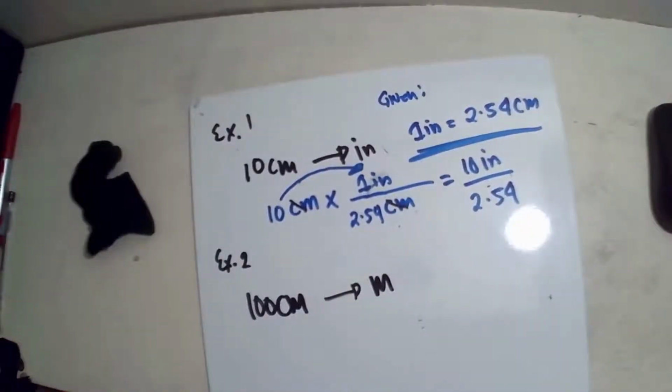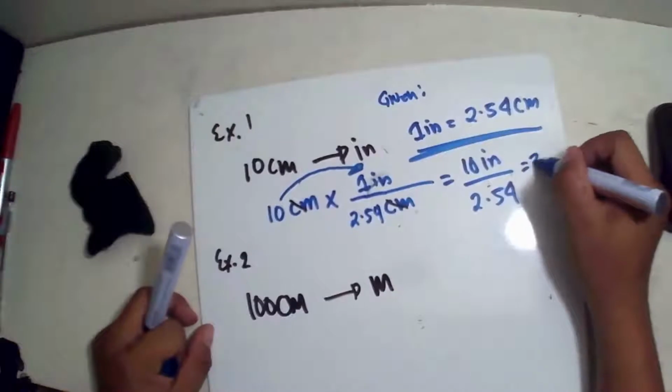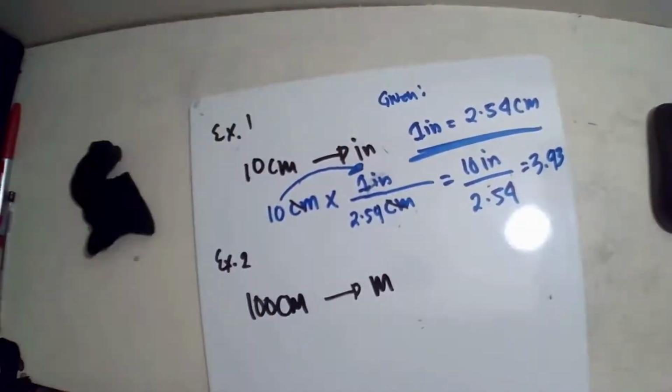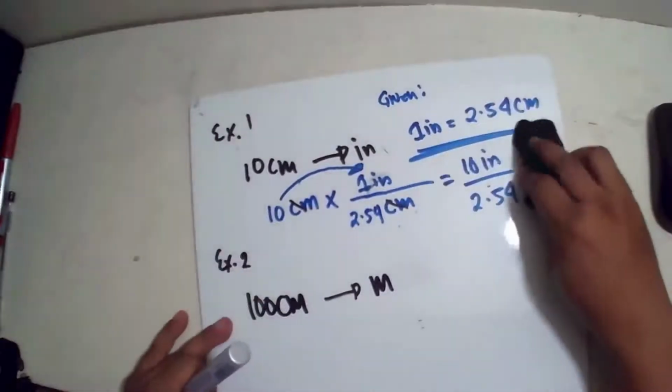Let us compute that. I will just use my mobile calculator. So 10 divided by 2.54 results in 3.93. We'll put the answer here.